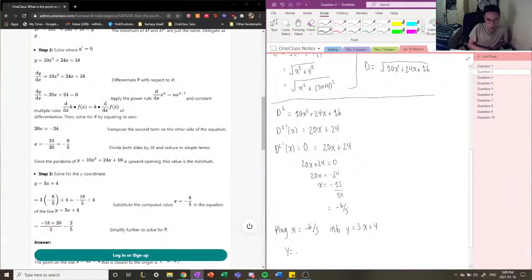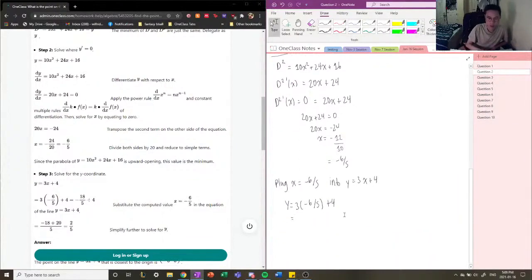So y equals 3 times negative 6 over 5 plus 4, and this would be negative 18 over 5 plus 4, which equals 2 over 5. Okay, so therefore, negative 6 over 5, 2 over 5 is the closest point to the origin.